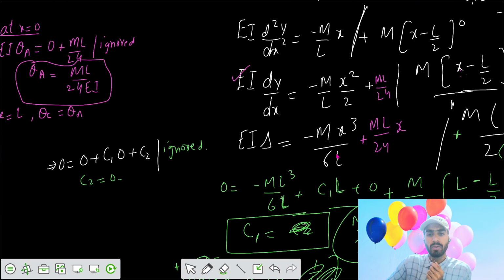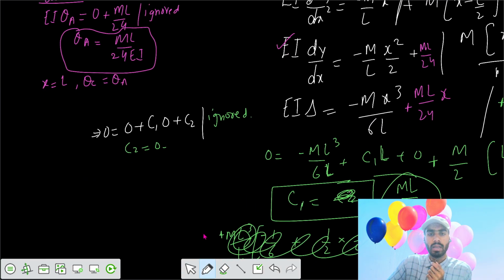So if you substitute the value here, let's say at x equals L, what's the value of theta c? EI theta c equals minus ML square by 2L, then plus ML by 24.